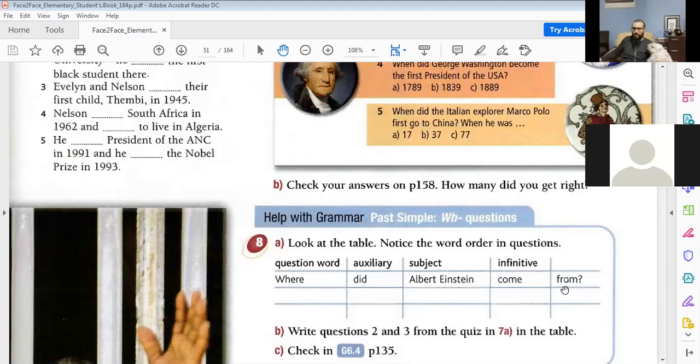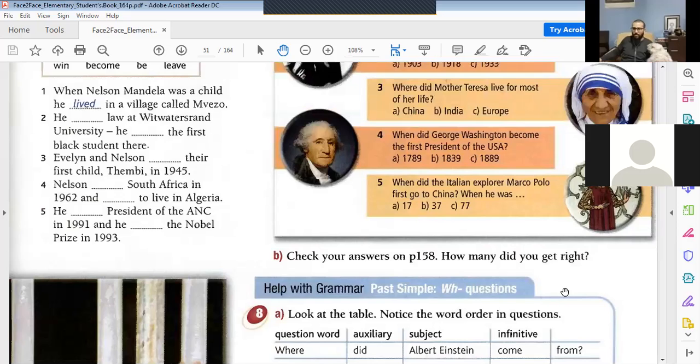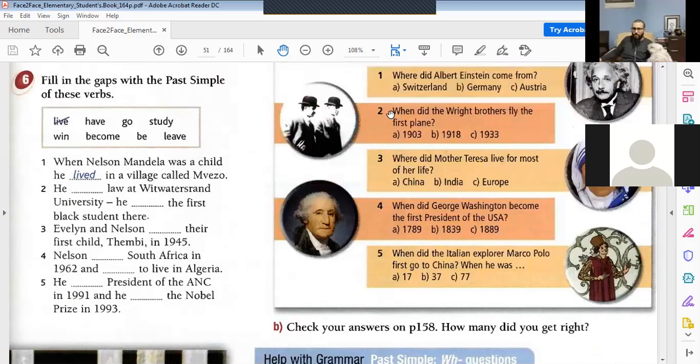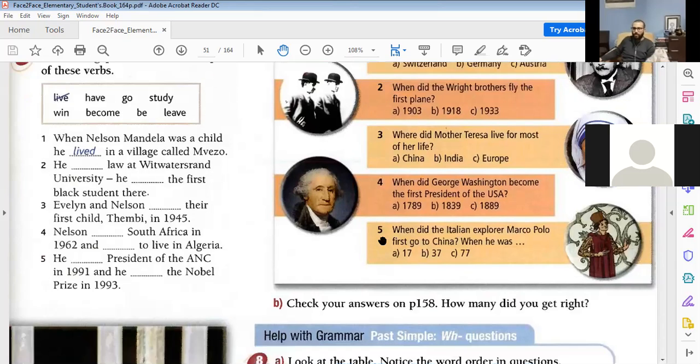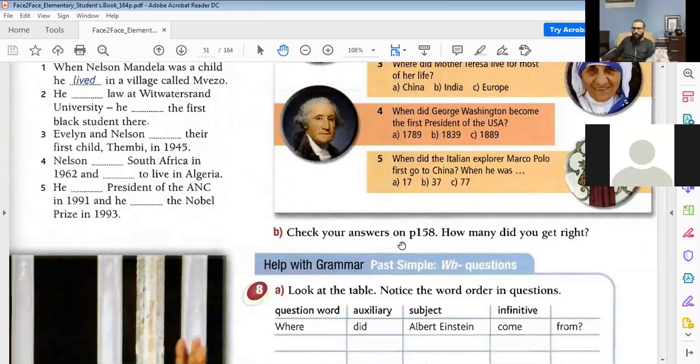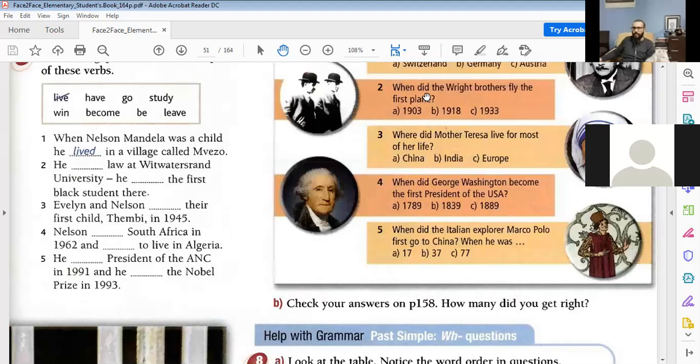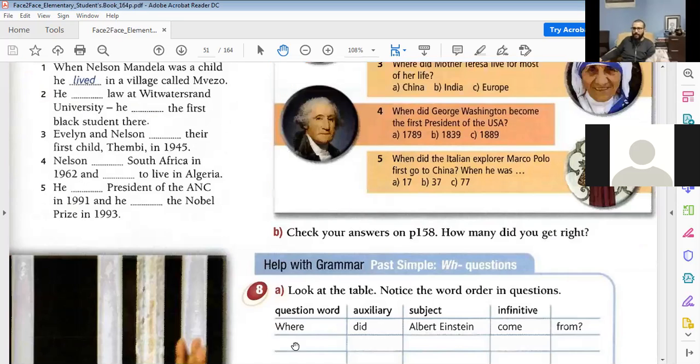So let me take you to number 2 and 3. So here, question number 2. When did the Wright brothers fly the first plane? So Rana, can you put it in the table here? Question number 2. When did the Wright brothers fly the first plane? So how do we start? What do we write?